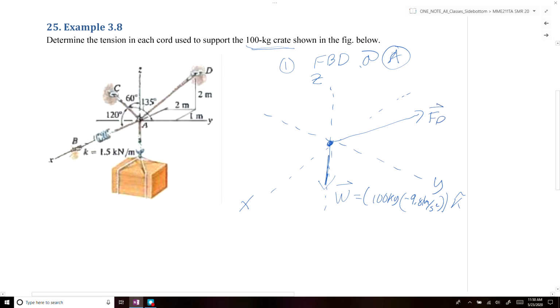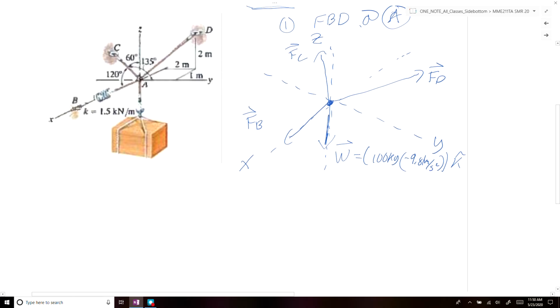We'll have our force that goes from point A to point C, which we'll label as Fc. And then we'll have our force that goes from point A to point B, which we'll label as force B. All right. So with all this defined, we can now define our resultant vector at our point.